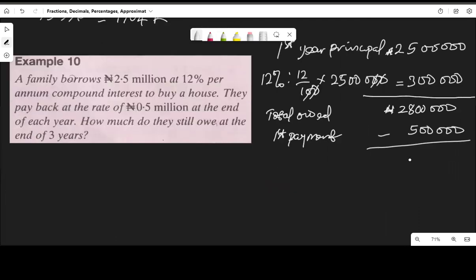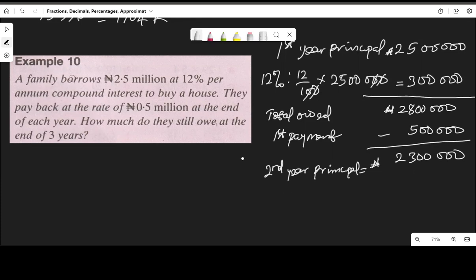Subtracting it leaves 2.3 million as the amount owed, or the principal for the second year. The second year principal is equal to this.